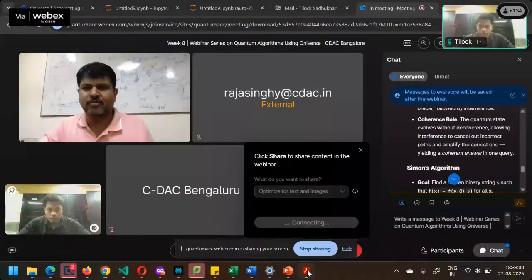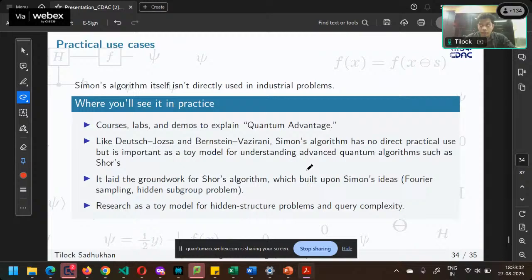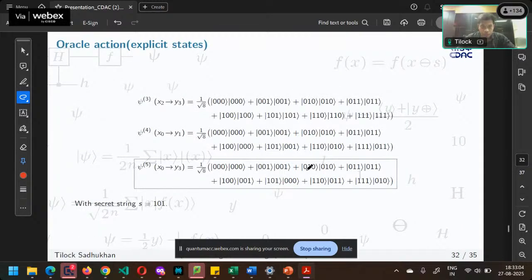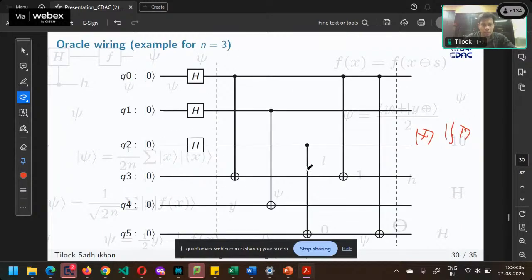Just to answer that question, if you write down the mathematical form of how to design that Oracle, we wanted to get this output, right? So we can design the Oracle as per whatever we want.